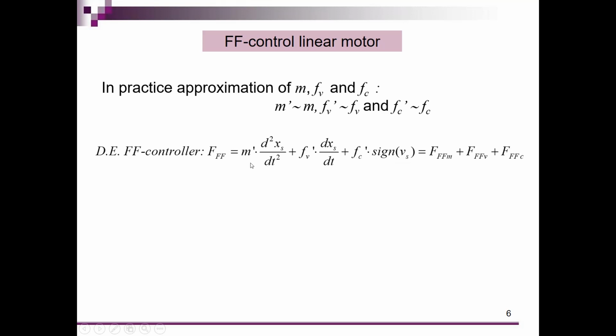So we have an acceleration contribution, which we call FFM. We have a speed contribution, which we call FFV, and we have a friction contribution over here. So we have a feed-forward controller with three parts: an acceleration part, a speed part, and a Coulomb friction part.